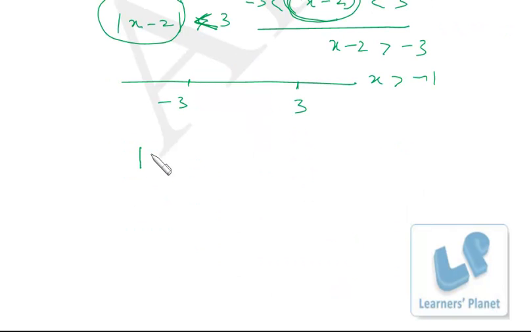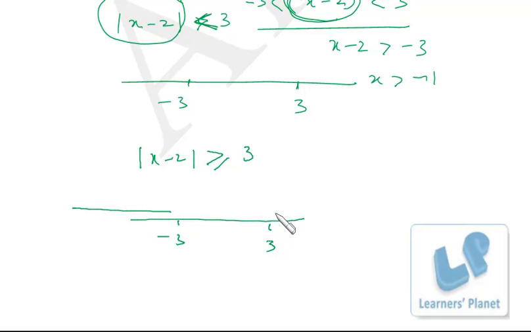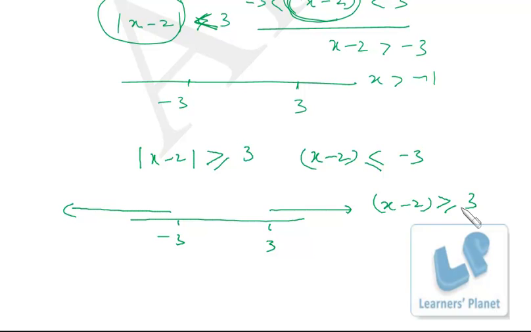Similarly, mod of x minus 2, suppose it is greater than or equal to 3. So you draw minus 3 over here, 3 over here, right? So modulus of x minus 2, this way and this way. So x minus 2 should be less than or equal to minus 3, and x minus 2 should be greater than or equal to 3.